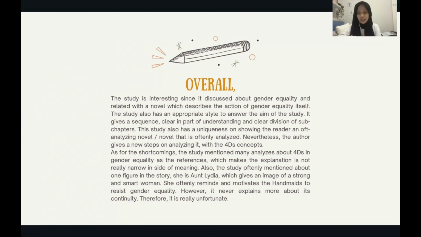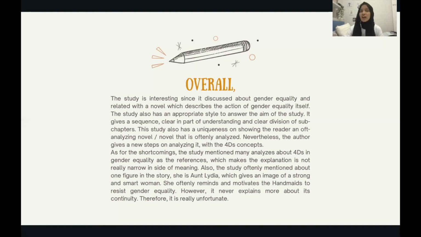As for the shortcomings, the study mentioned many analyses about the 4Ds in gender equality as references, which makes the explanation not really narrow in meaning. Also, the study often mentioned one figure in the story. She is Aunt Lydia, and actually, I admire her so much.